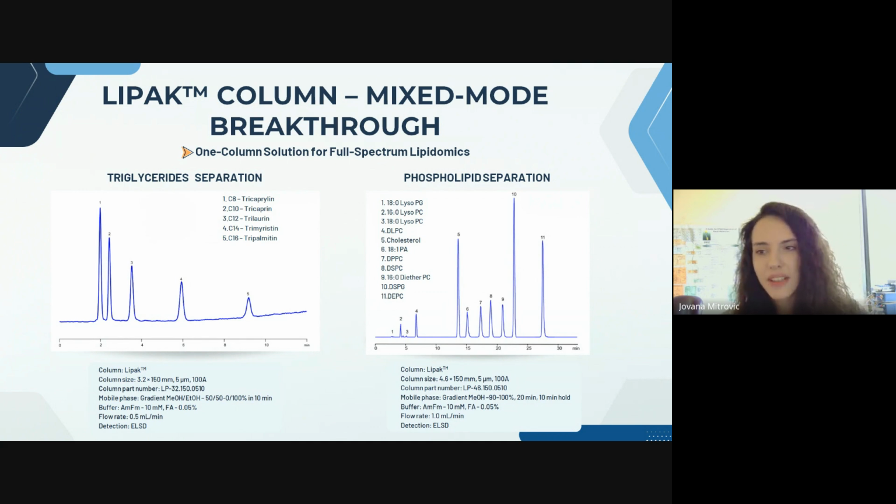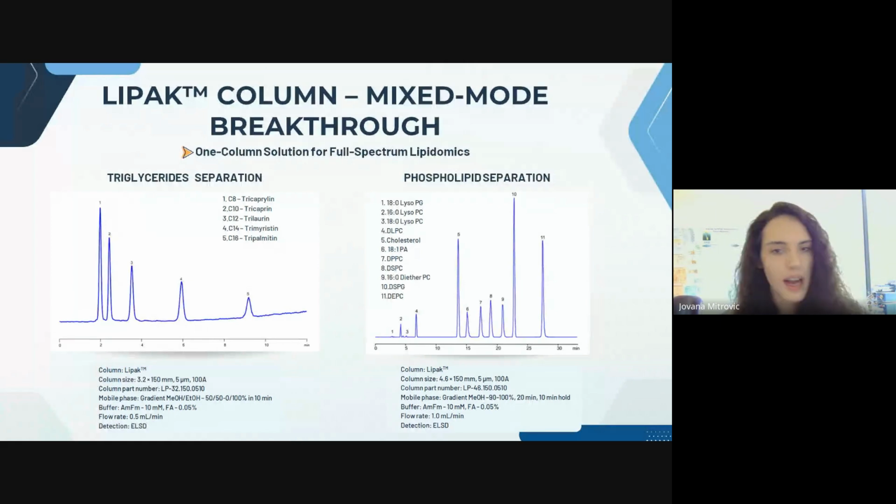Such subtle differences typically cause coelution or poor peak shape on conventional columns. With LIPAC, however, we achieve excellent resolution with sharp symmetrical peaks under high organic conditions, using ELSD as the detection method. And in the left chromatogram, we analyze triglycerides.